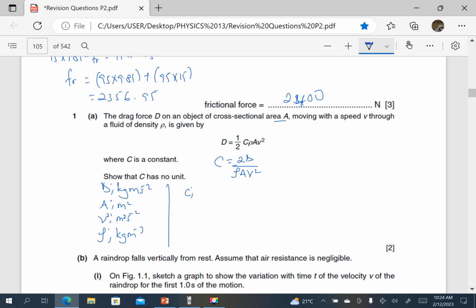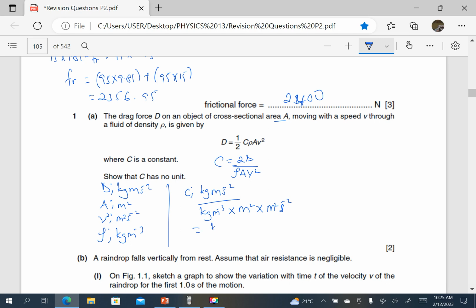The units of C will be for D, which is kilogram meters per second squared, divided by density, which is kilogram per meters cubed, times meters squared per second squared. So we now simplify this.